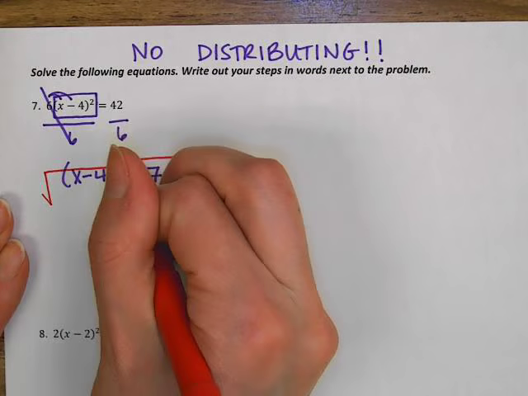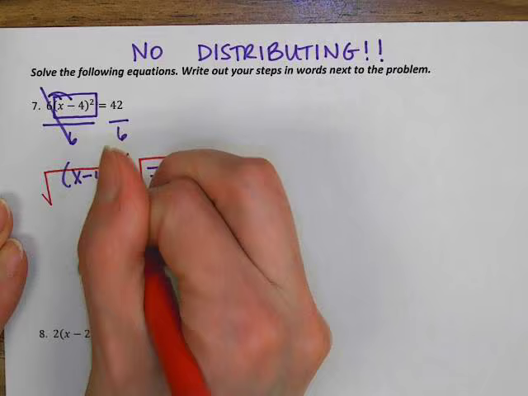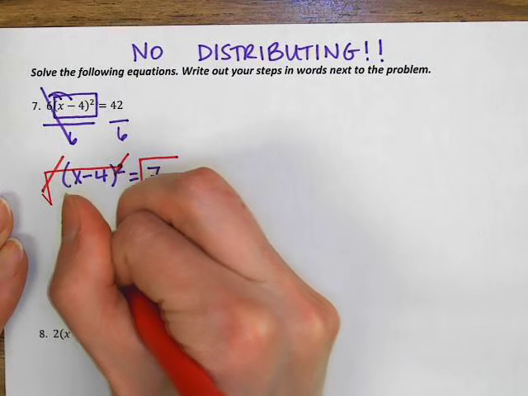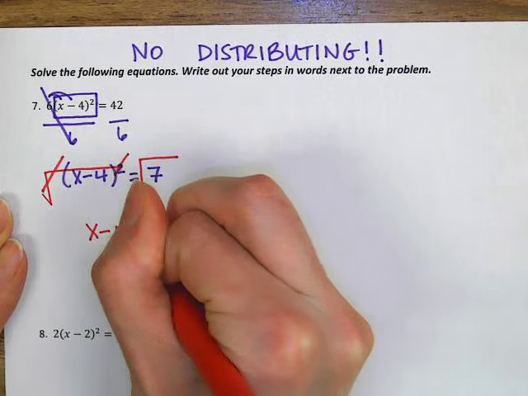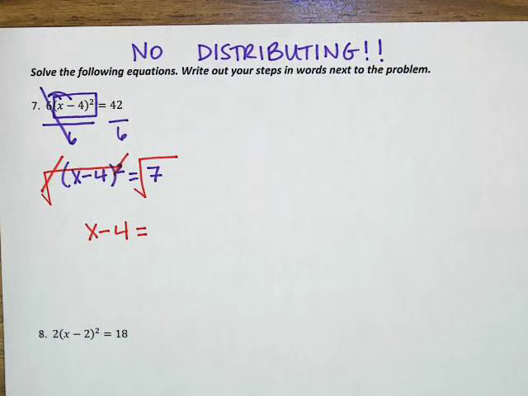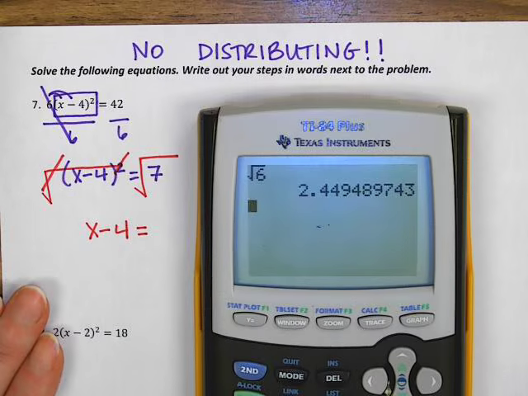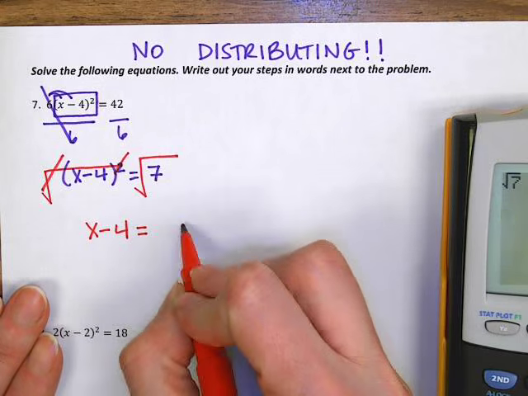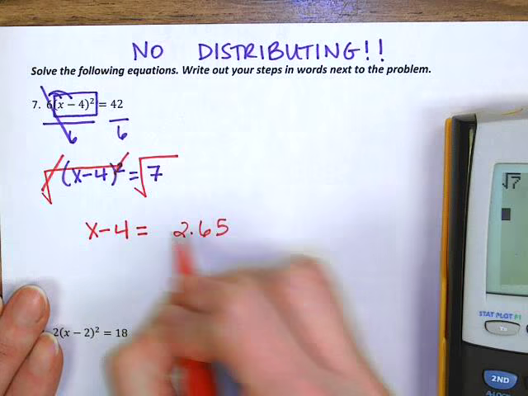And remember, just like before, when you square root a square, they cancel. You're left with x minus 4 equals, let's calculate the square root of 7. That's 2.65. Now don't forget it's plus or minus.